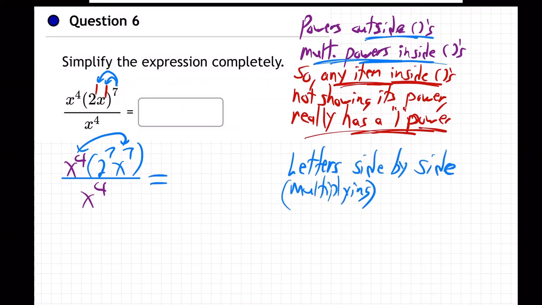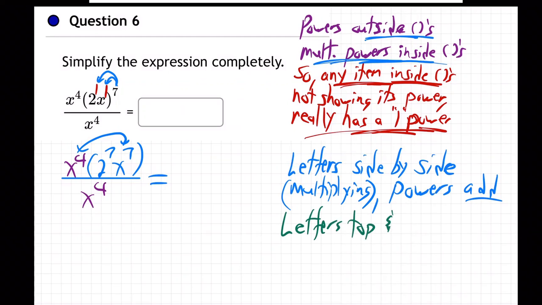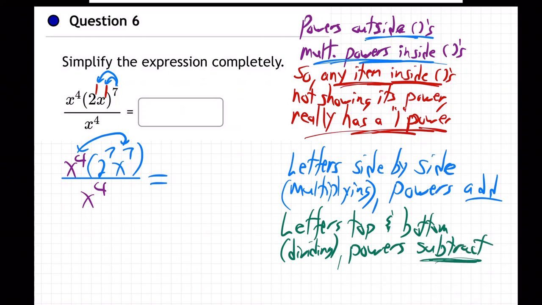Side by side, they're multiplying, so powers add. Versus letters top and bottom, which means they're dividing, so powers subtract. Let's make sure we're clear on that rule. If you have letters side by side, the powers add. If they're top and bottom, the powers subtract.